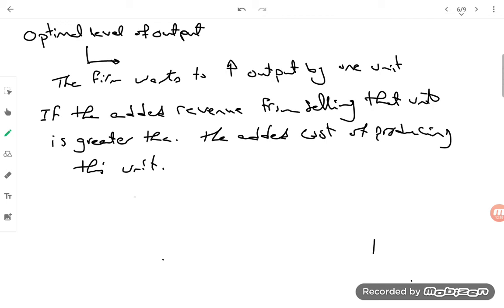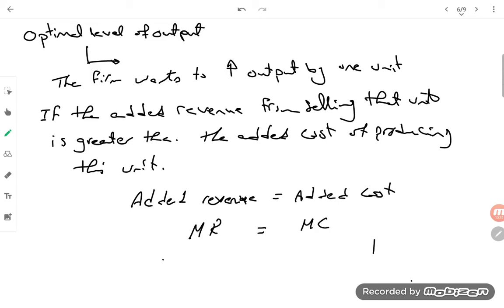So in other words, if added revenue is equivalent to added cost, there isn't any possibility to increase production, as this is going to be the optimal level of output. We can write it as marginal revenue equals marginal cost. Added revenue is the additional revenue, which is the marginal revenue, and the added cost is the marginal cost, or the additional cost.